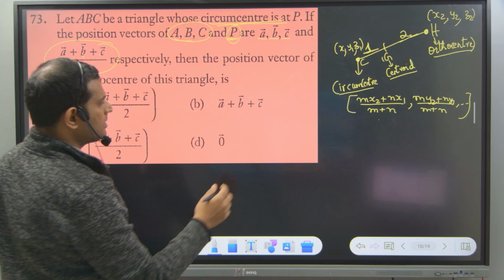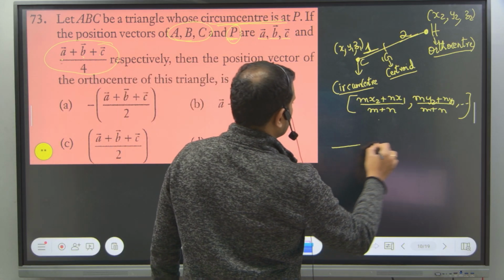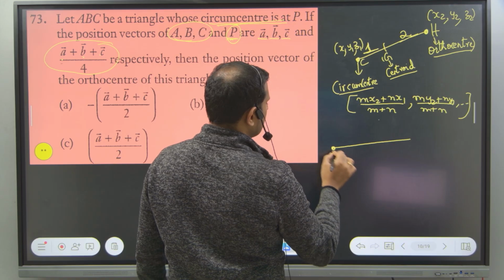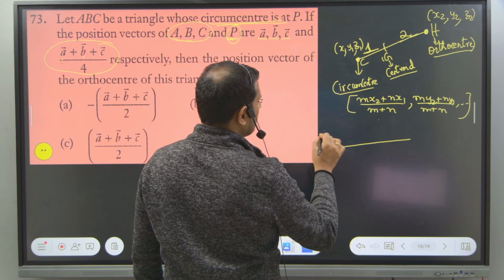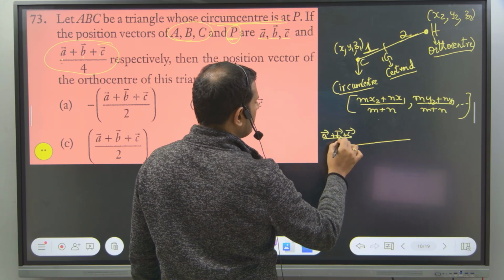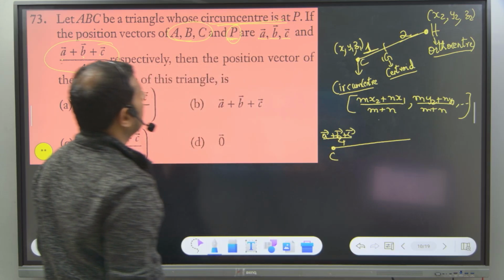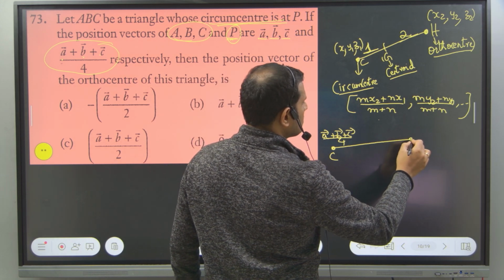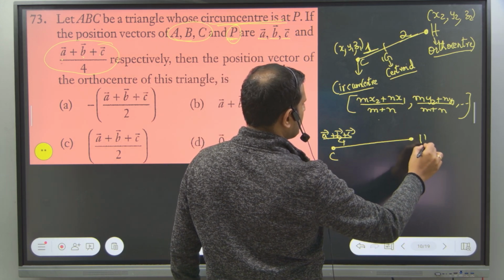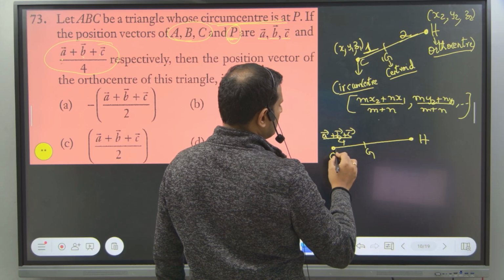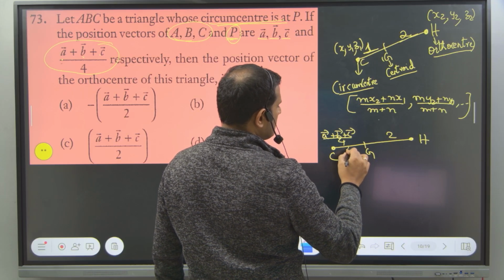Okay, so now let's redraw. We have circumcenter, which is A plus B plus C divided by 4, and they are asking what is the orthocenter. I'll call orthocenter H, and centroid G. This distance is 2, this distance is 1.